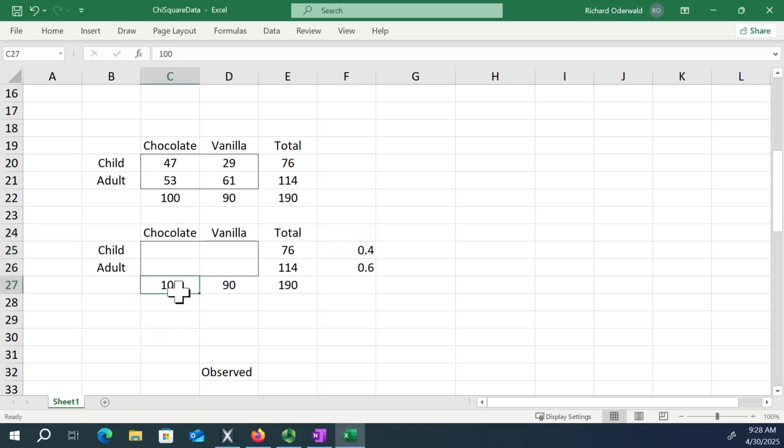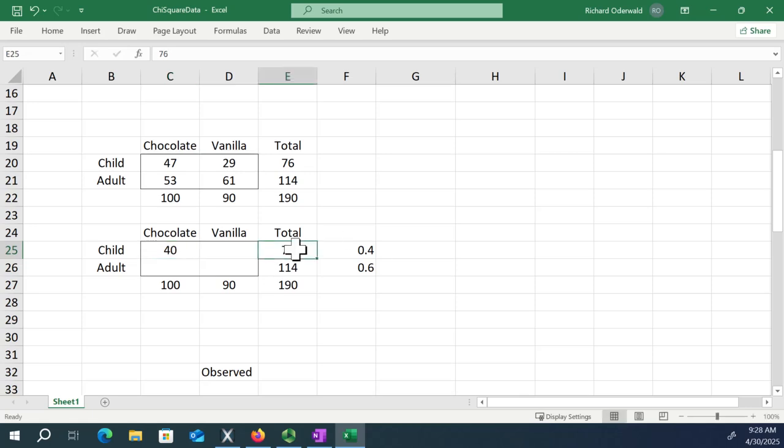Then out of 100 people who prefer chocolate, how many should be children? That's the 40.